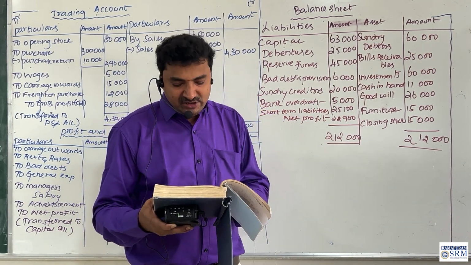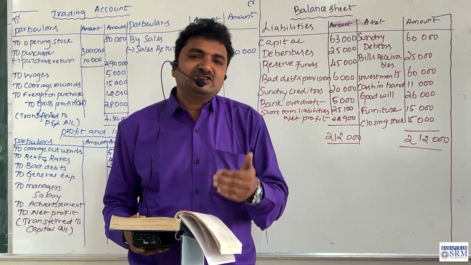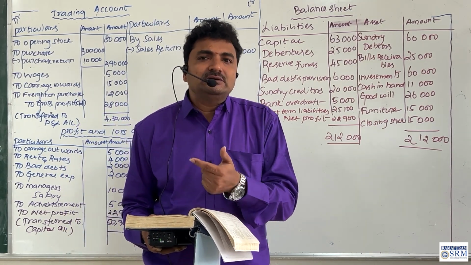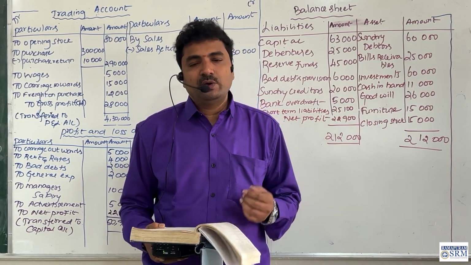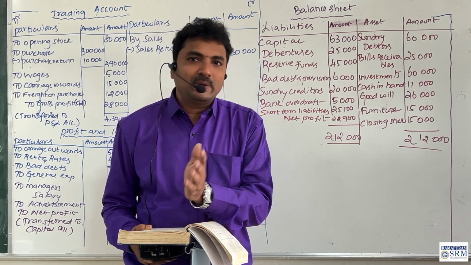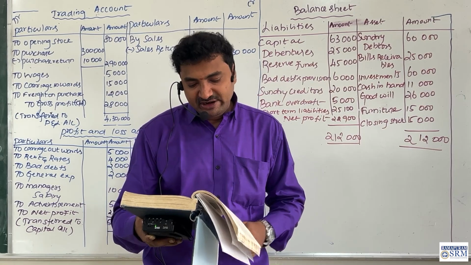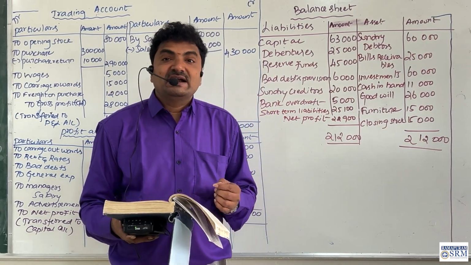Then bills payable, a short term liability. Bank overdraft means your company is getting a very short term loan from banks, for example 20 days, 25 days or 30 days, in the form of bank overdraft. Then outstanding expenses.